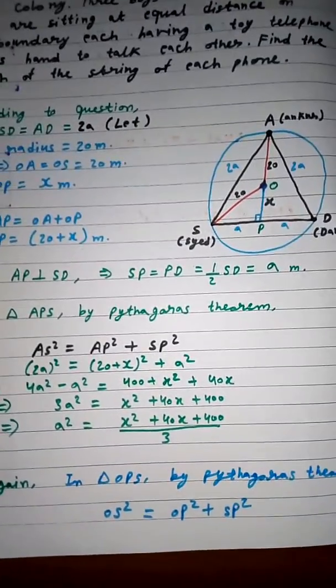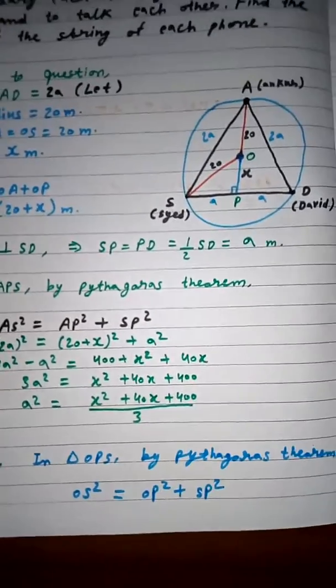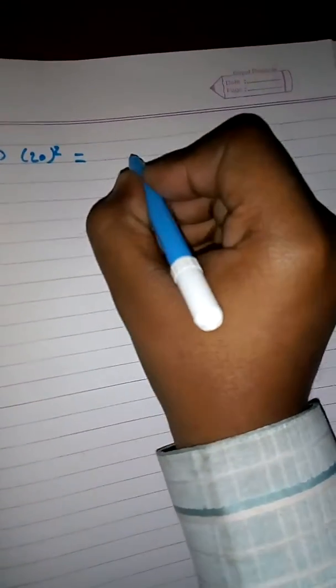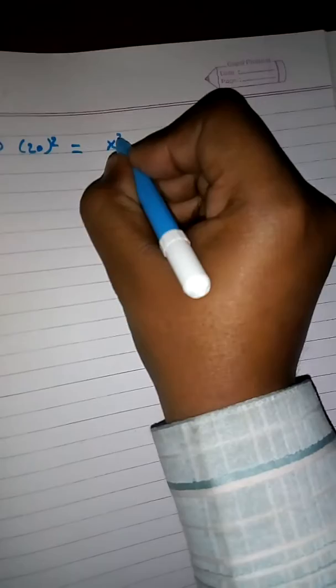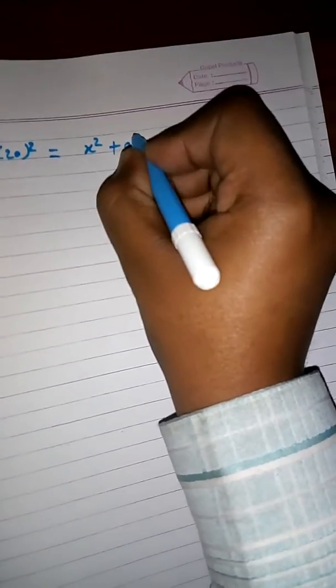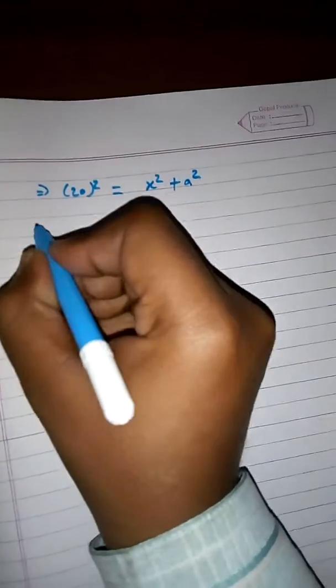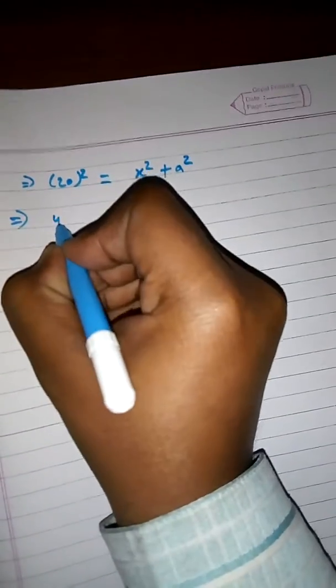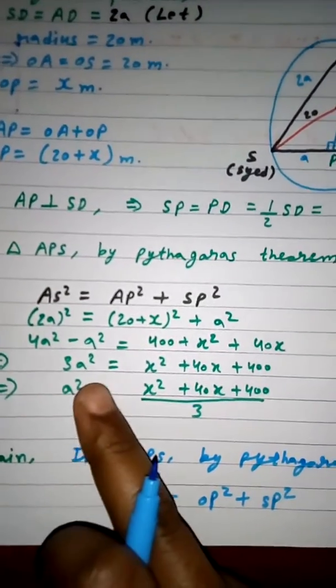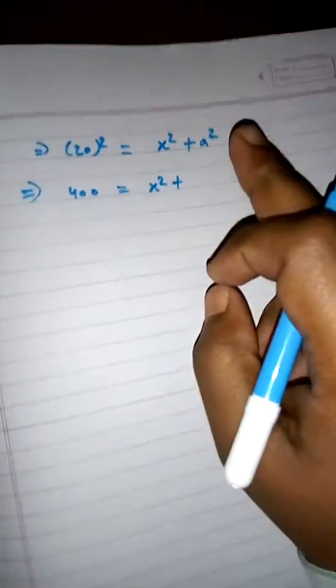Now substituting, the value of OS is 20, so the square of 20 is equal to the value of OP, which is x, square of x, and the value of SP is a, so the square of a. Now the square of 20 becomes 400, the square of x remains the same, and I am substituting this value of a square here.